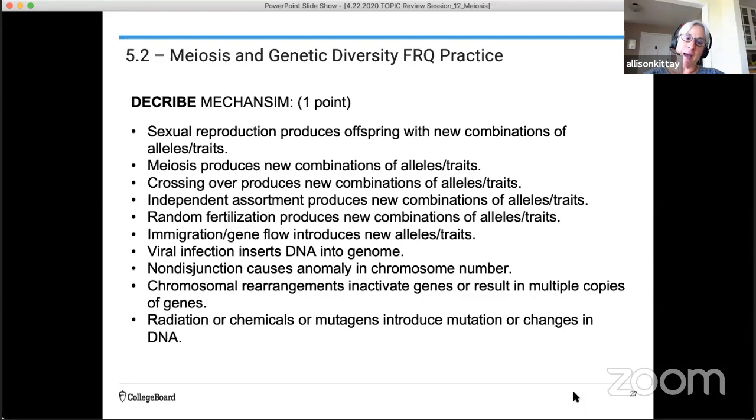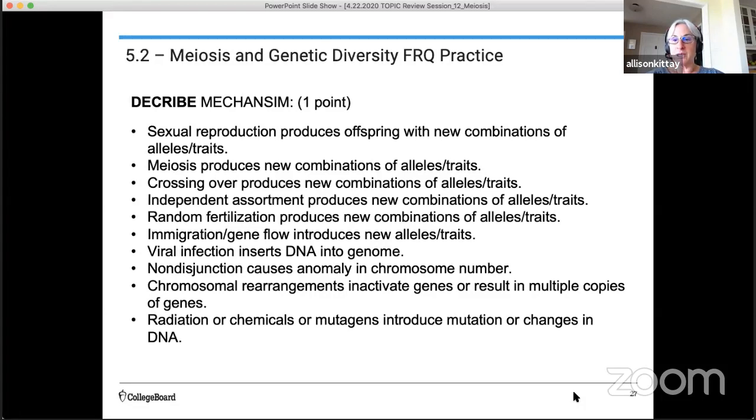But you could also imagine that immigration or gene flow could introduce new alleles into this genetically engineered fly population. There could be a viral infection that inserts DNA into the fly genome. Non-disjunction, which is the failure of chromosomes to separate properly, could cause an anomaly in chromosome number. In other words, you end up with too many or too few.